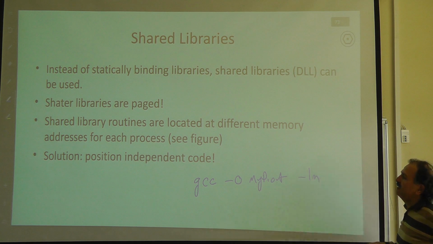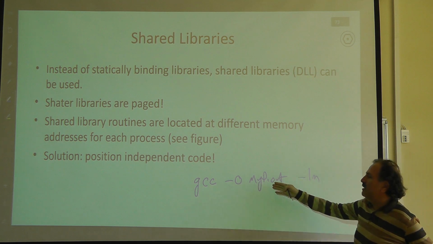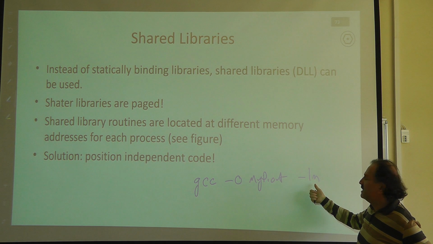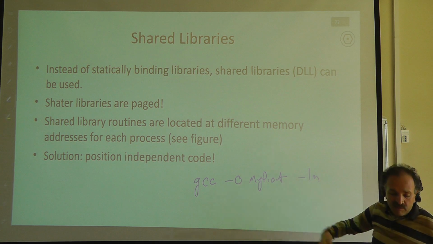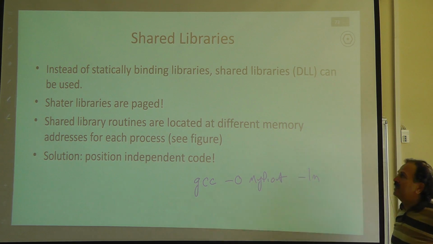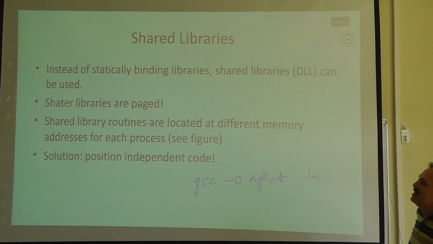But the thing is that there are many other programs running in memory using the same library. So the code is the same. Everybody is linking to the same code, and everybody is copying the same code over and over again. So shared library says that if you are sharing some code, some library, then you don't have to statically link those libraries to your code.